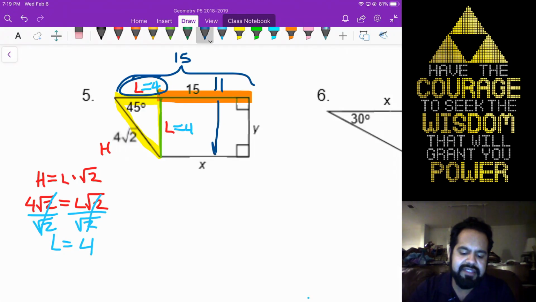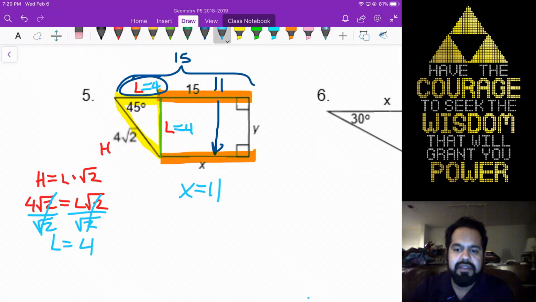So since that length is 11, it translates to that part there. So therefore that length is also 11. Y is the same exact thing. This length just transfers here, since this side and this side are both parallel, they are congruent, by definition of a trapezoid. So y equals 4.